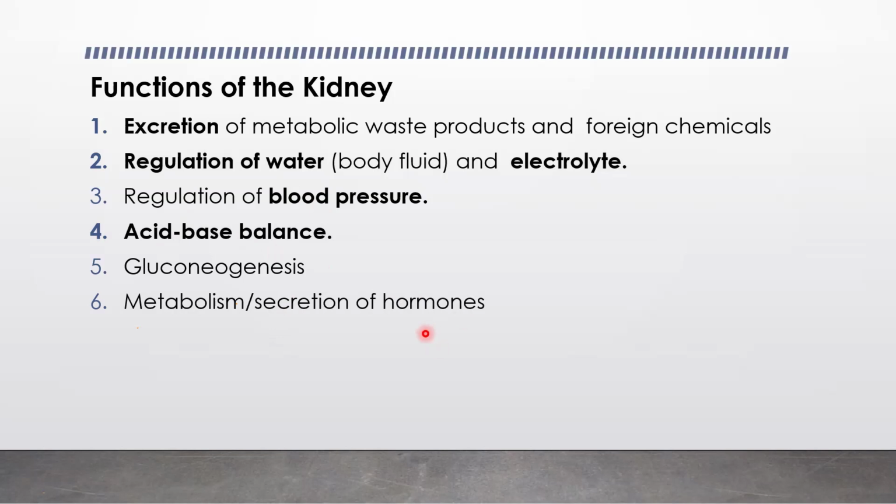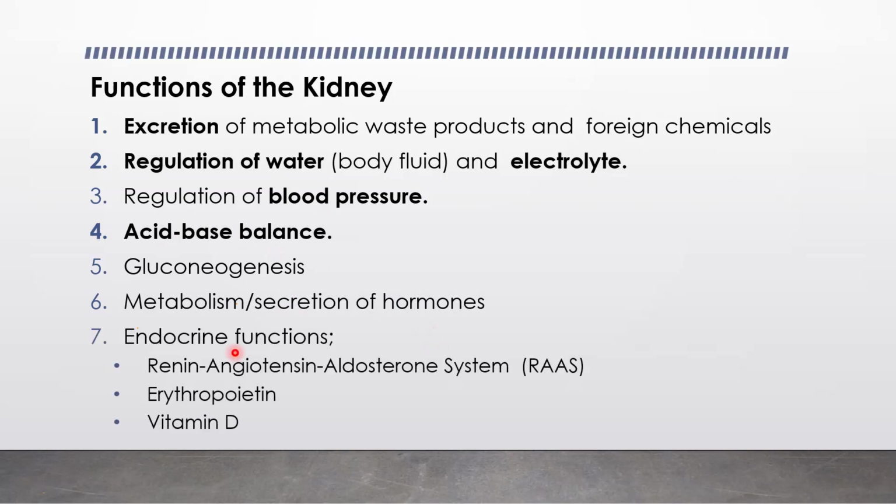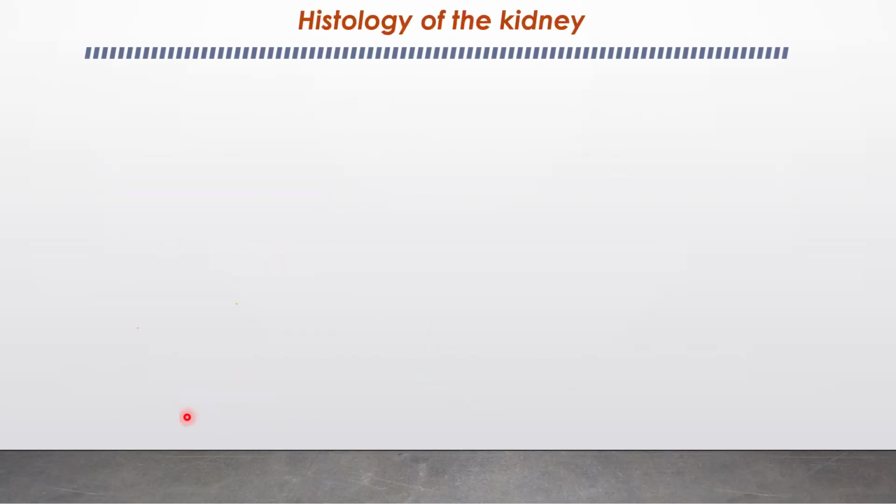We talked about vitamin D3, erythropoietin, and renin, and then also it is involved in endocrine function. So those are the renin-angiotensin-aldosterone system, erythropoietin, and vitamin D3.